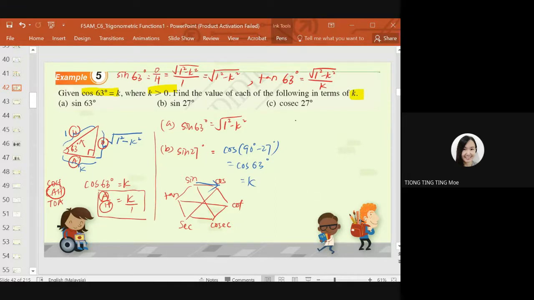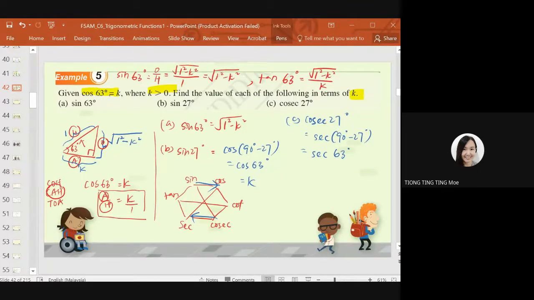Then C, cosecant 27 degree. Cosec is complementary with secant. No need to memorise that formula, just use the hexagon to help you. So it becomes secant 90 minus 27, so secant 63 degree, because we cannot find the value with 27.